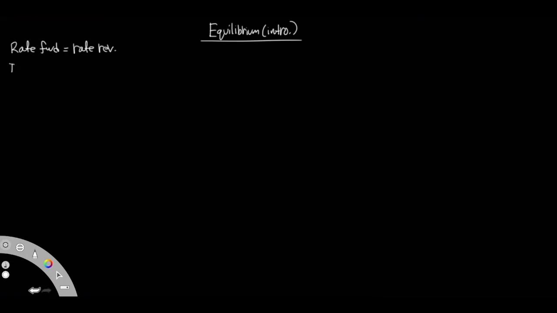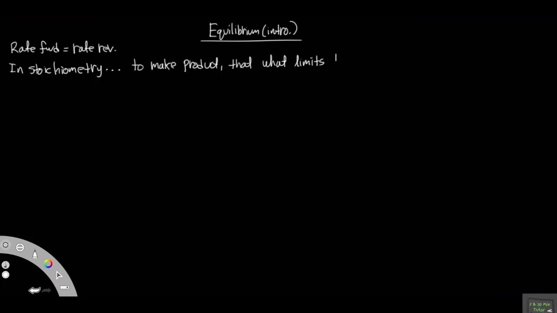I just want to emphasize here that in stoichiometry, you've kind of been misled in your previous grade in chemistry, and I'll explain why. In stoichiometry, to make the product, you have been led to believe that what limits how much product can be formed is solely based on one factor.